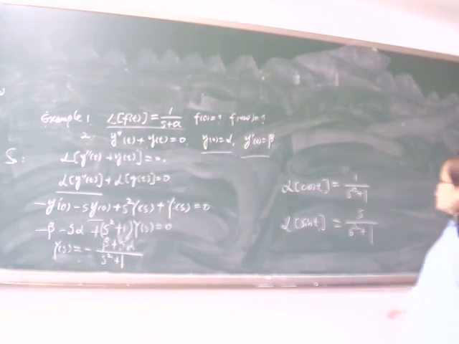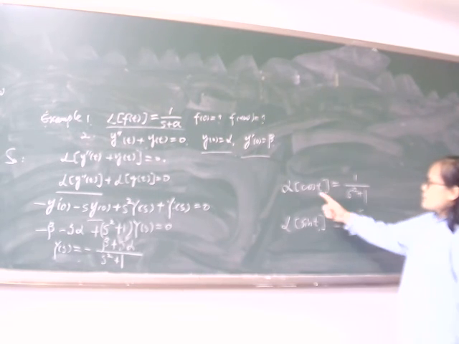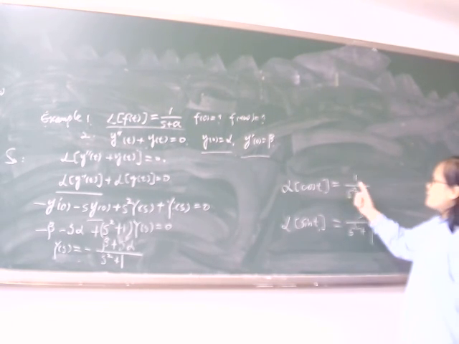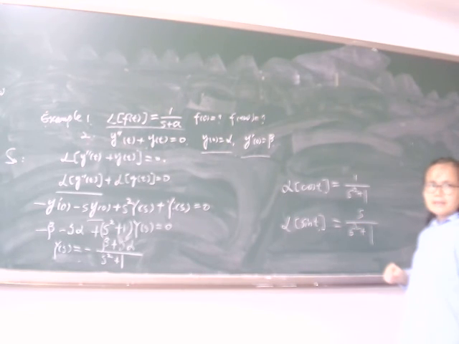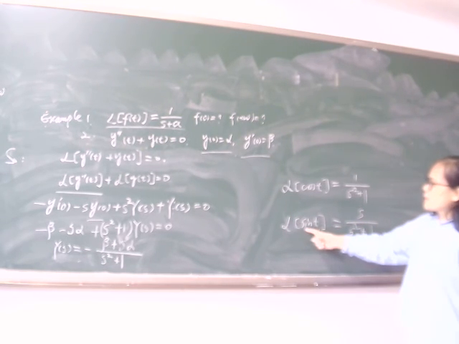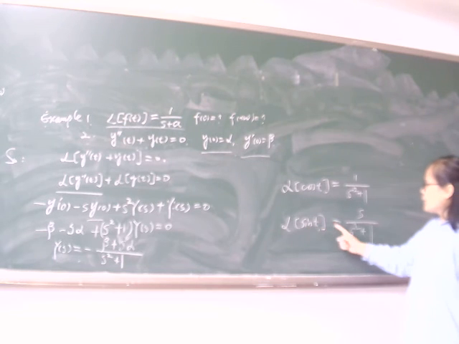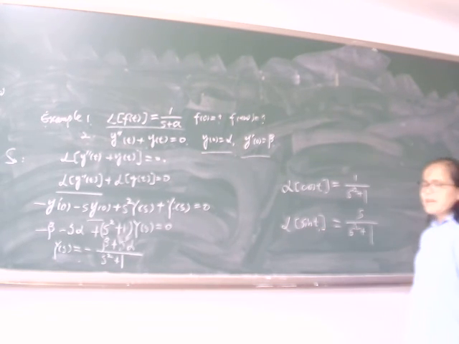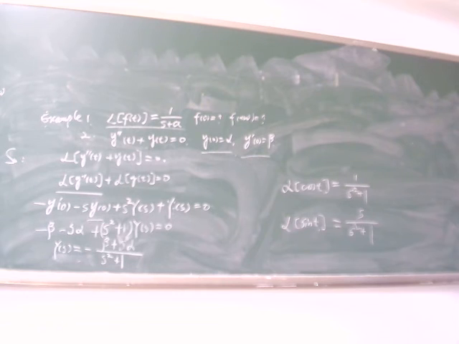So the Laplace transform of sin t is 1 over (s squared plus 1), and the Laplace transform of cos t is s over (s squared plus 1).